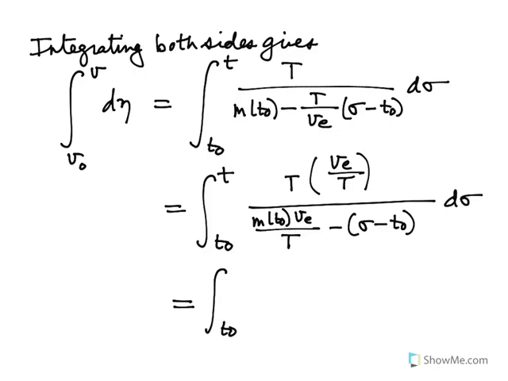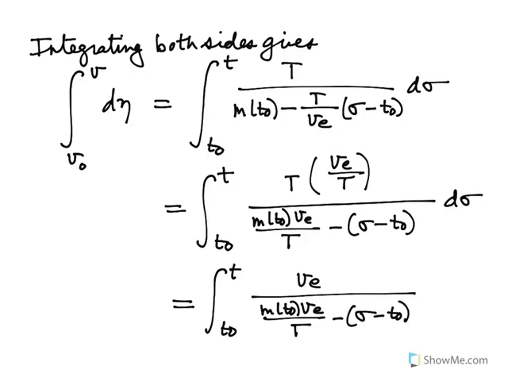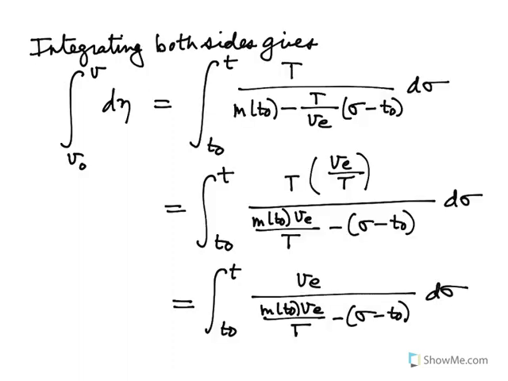But before we do that, let's write it as v_E all divided by m of t0 v_E over T minus (sigma minus t0) d sigma, which gives us v at t minus v at t0, because that was equal to the velocity at t0, is equal to, now let's factor out the v_E, we get v_E times the natural log of this result.